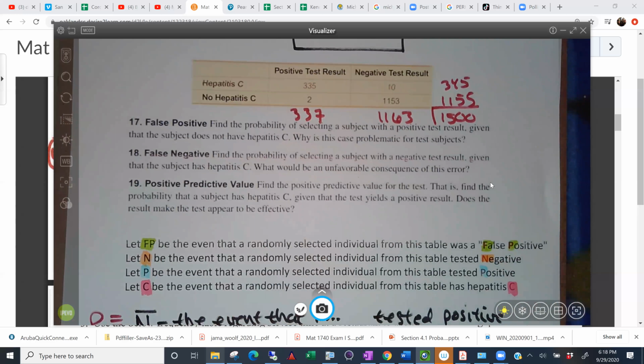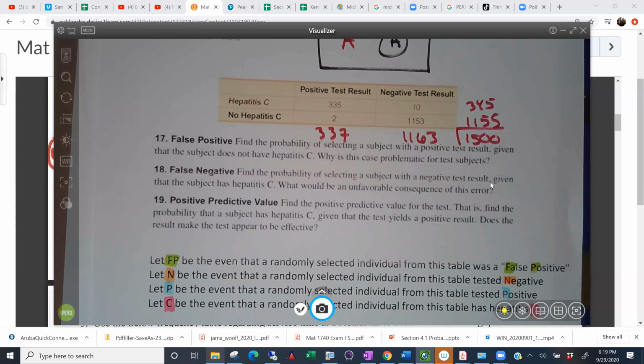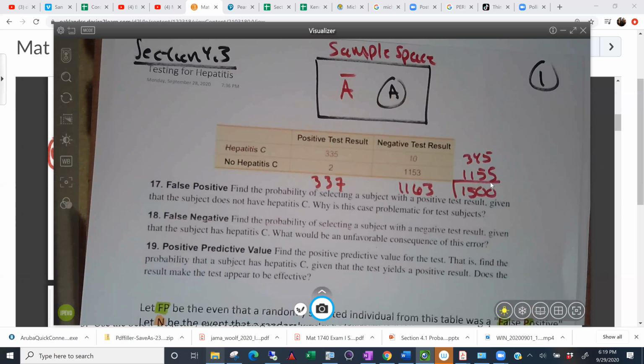Actually, I think we already calculated this, right? Didn't I just calculate that one? I think the one you're thinking about is we just tested the probability that they have hepatitis C, not that they tested positive and have it.